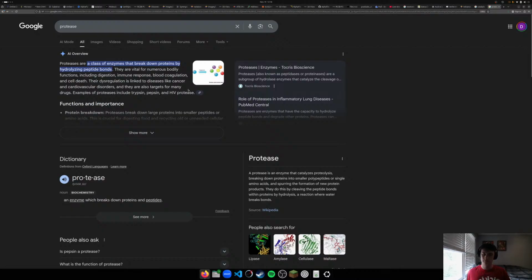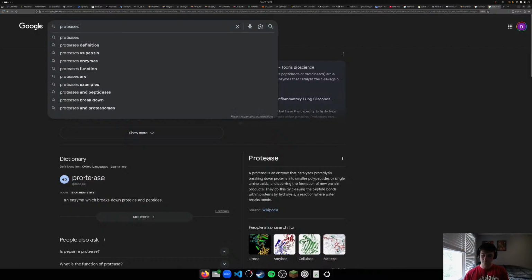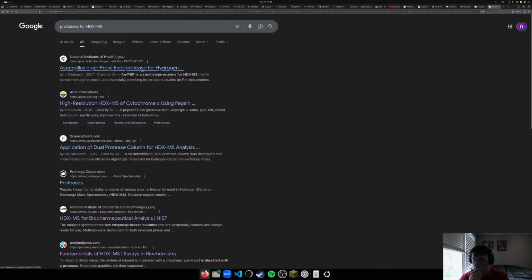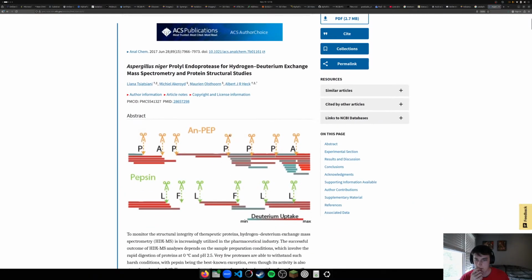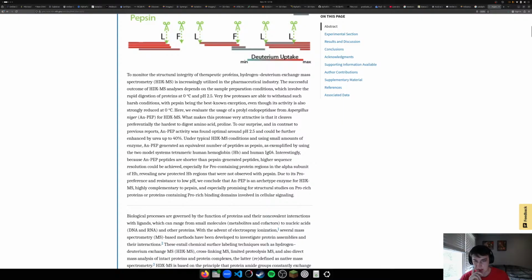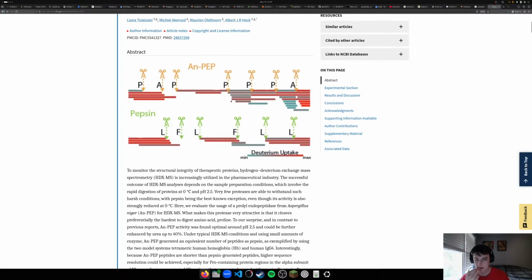Yeah. So yeah, there are. This is one of these areas of study, because ultimately we want higher resolution, and depending on the protease you use, it'll cut in certain positions.